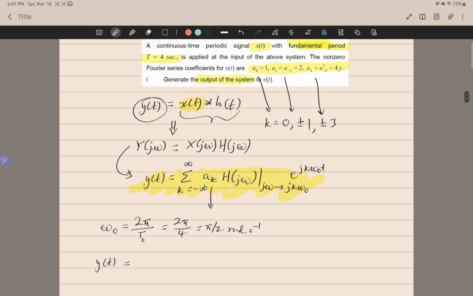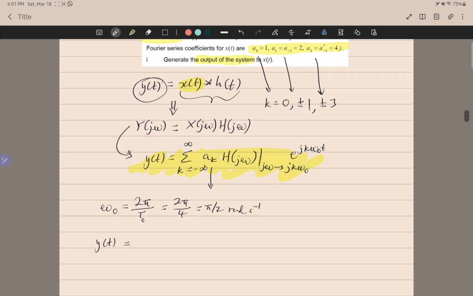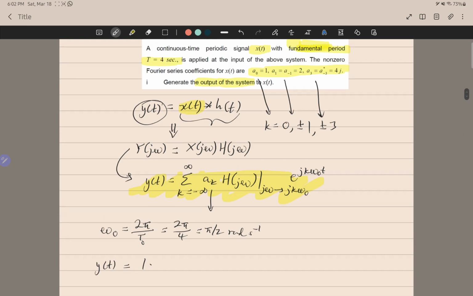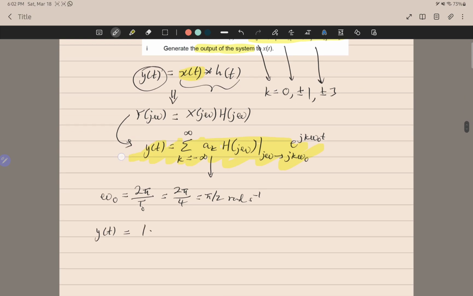So when k is equal to 0, we have 1 times e to the j k omega 0 t. Since k is 0, this whole exponential is 1, so it's just 1. But the important thing is, what about the frequency response? It's now H of j 0.